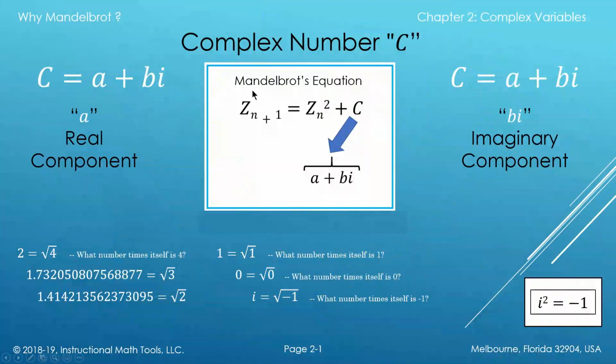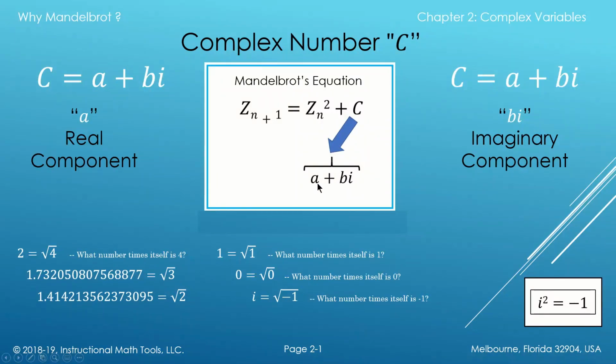If you remember from chapter 1, we talked about the recursive equation that Mandelbrot used in order to create his beautiful graphics. And we talked a lot about it and how to use it, but we didn't talk too much about what C was. Well, we're here to say that C is a complex number.